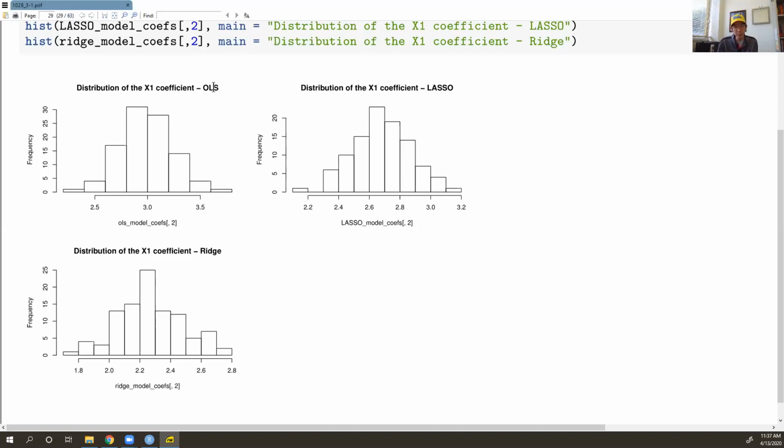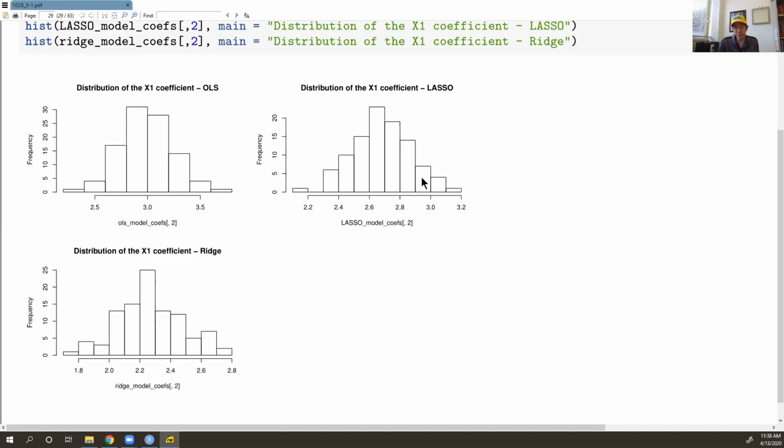These are the coefficient estimates from ordinary least squares, and we see it is centered at 3. So ordinary least squares coefficients are unbiased, which means the expected value is right around 3, and that's indeed what we get. But because of the random noise, sometimes it thinks the coefficient is higher, like 3.5, and sometimes a little bit lower, like 2.5.